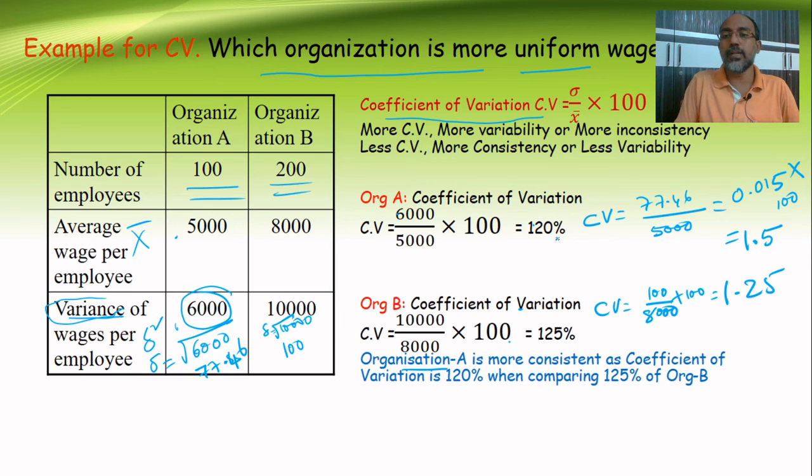The A organization has been declared as a uniform one, but now coming to the revised method, B organization is more consistent, or uniform.